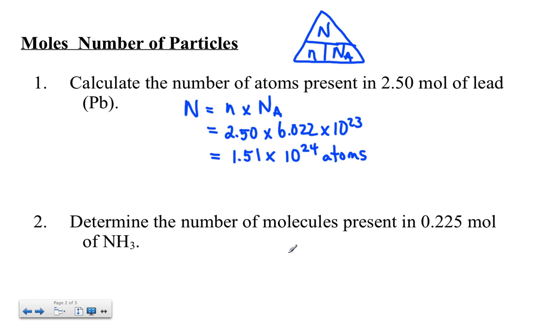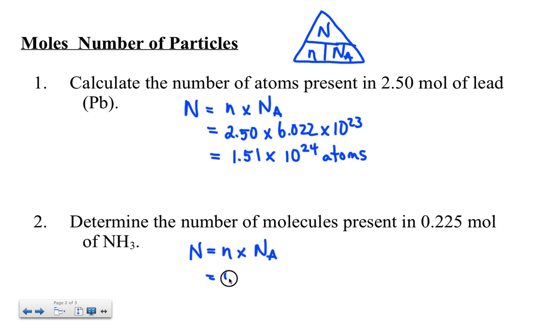Here we have another example, and this time we're counting the number of molecules because we're dealing with NH3. And this time we have a very small number of moles, a fraction of 1 mole. And so to calculate that, it's the same formula.